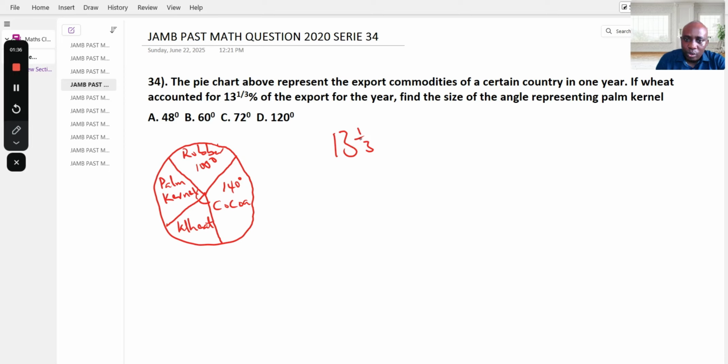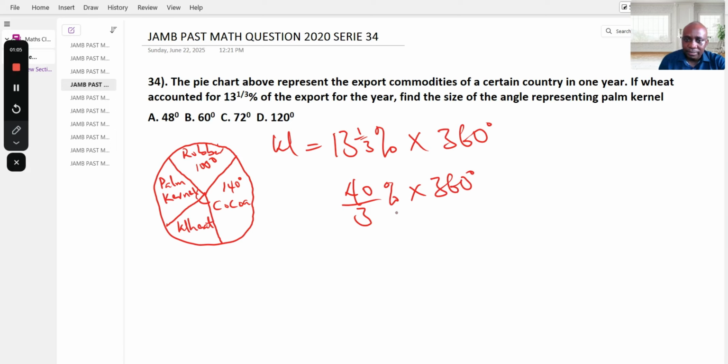Therefore, we are going to do what? Multiply it. No, this one is percentage. Multiply by what? By the 360 degrees of the total for the whole year. Therefore, to know the wheat. 13 times 3 is going to give us 39 plus 1, that is 40. 40 over 3 percentage multiplied by 360 degrees, isn't it?